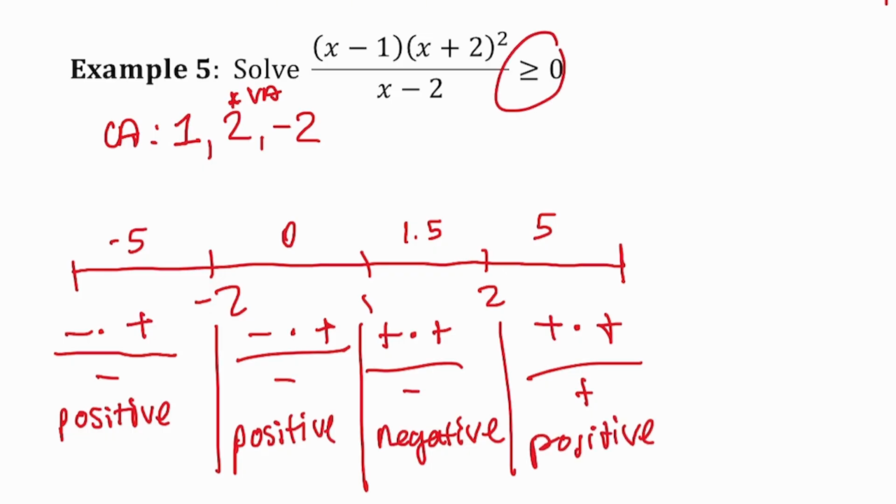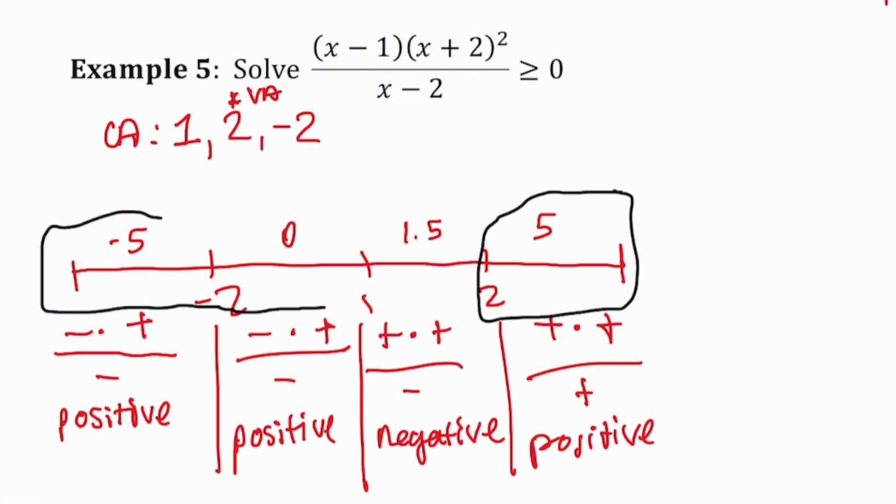And then we're looking for greater than or equal to 0. So we're doing the positive interval. So this, and then these two. And then our vertical asymptote is this positive 2 right here.